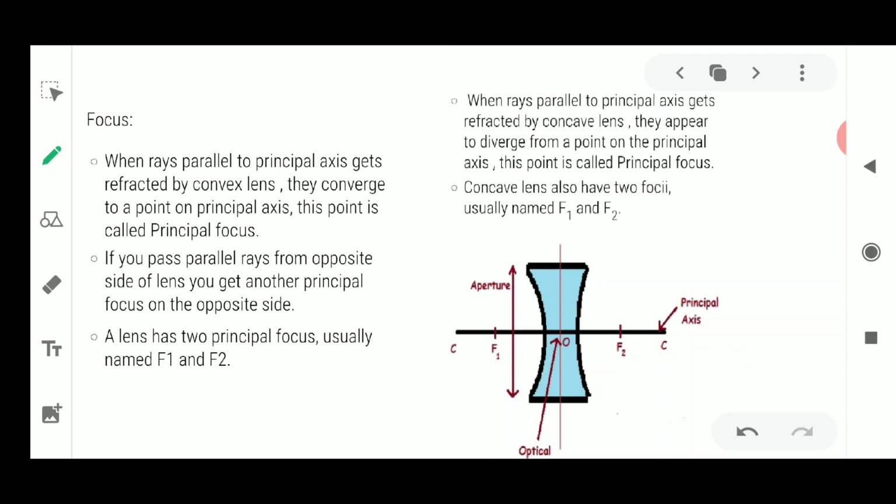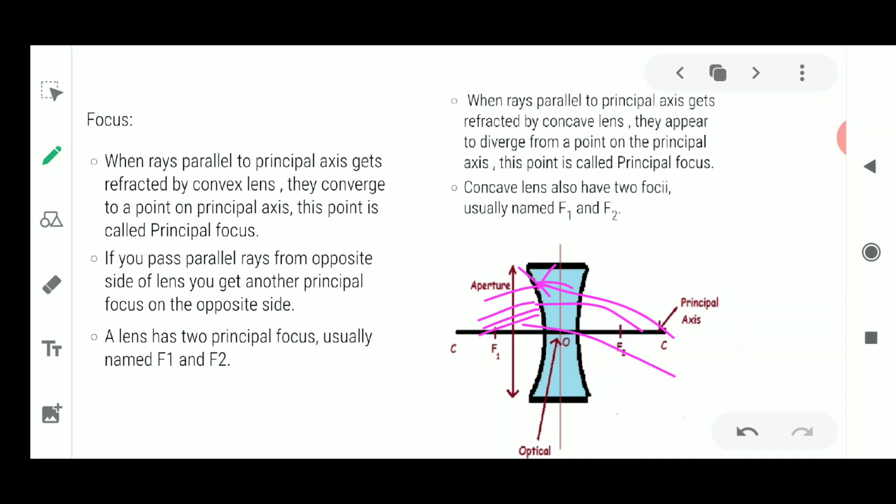Similarly here also, whenever the rays of light incident on this lens, they are either going to diverge or converge. So it appears to converge or it is going to converge at a single point, and that point is known as the focus. There are two focuses. As you could see that there are two refracting surfaces, there would be two focuses obtained.